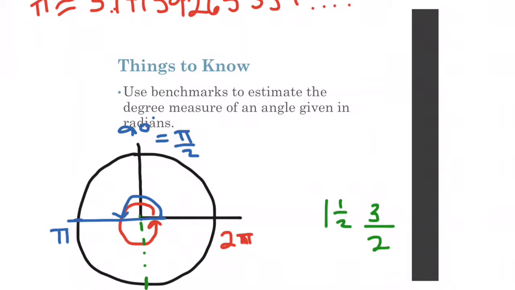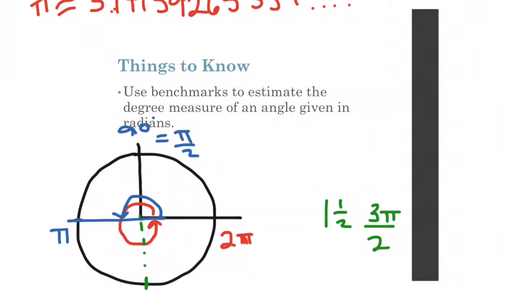So this angle here, if it's 270 degrees and we said it's pi and a half a pi, we can write that as 3 pi over 2. So 270 degrees is equal to about 3 pi over 2, in radians. Okay, and so those are our 4 benchmarks that we're going to know.